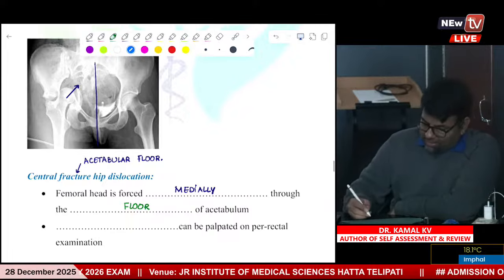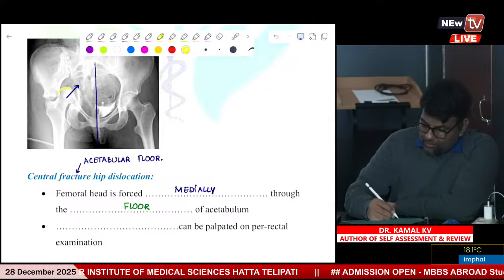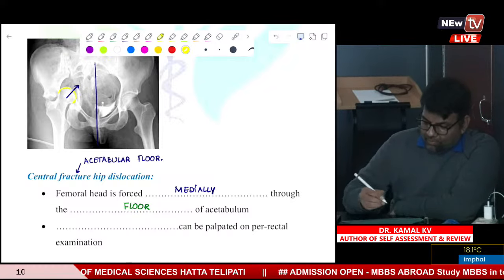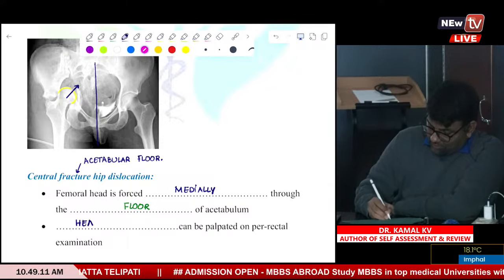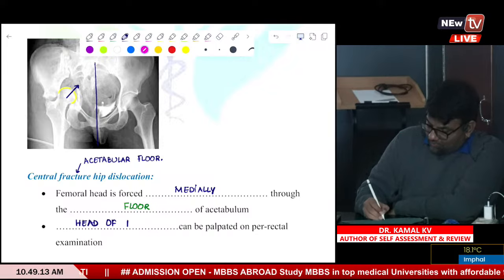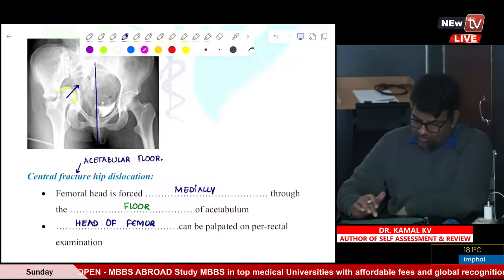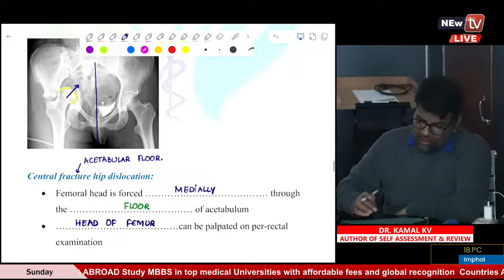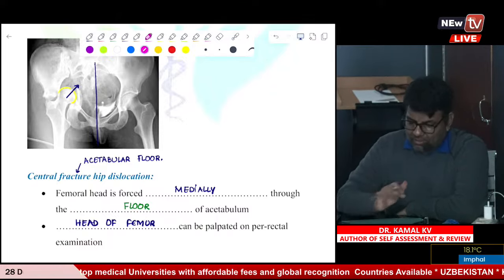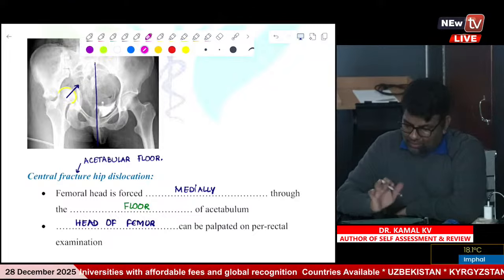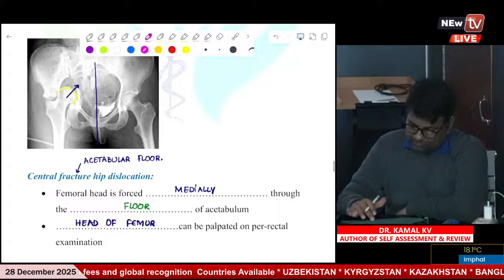And if you do a per-rectal examination, you can feel the head of femur. Again, there can be avascular necrosis because the arterial blood flow to the head of femur can be disrupted. So this is central fracture hip dislocation.